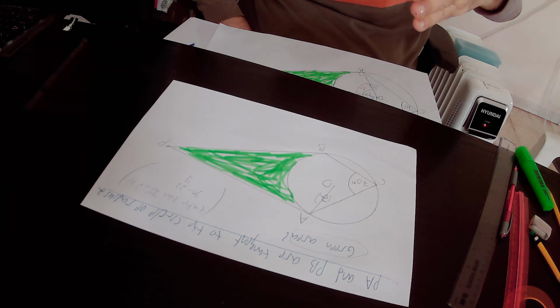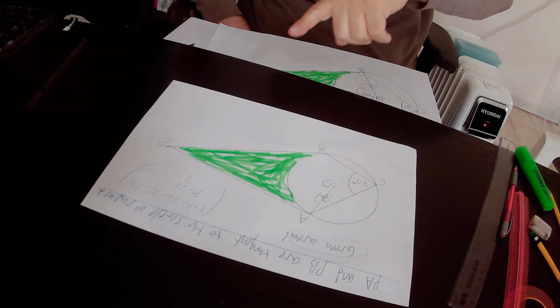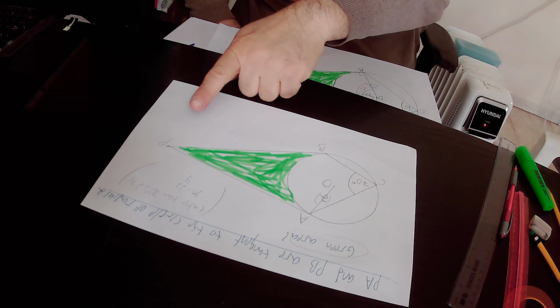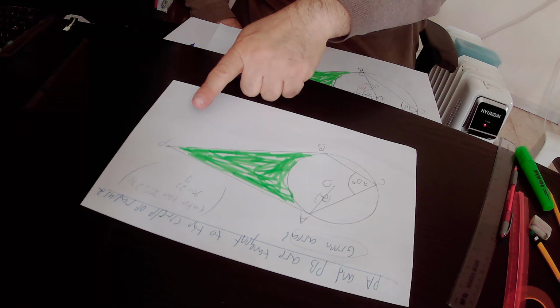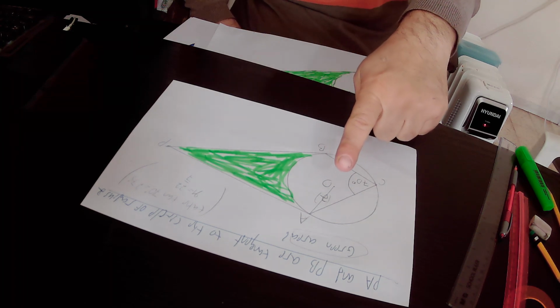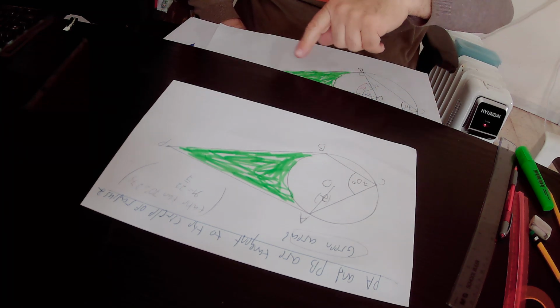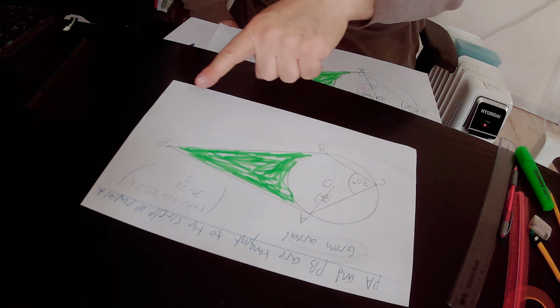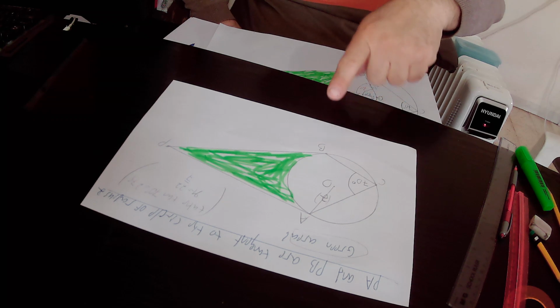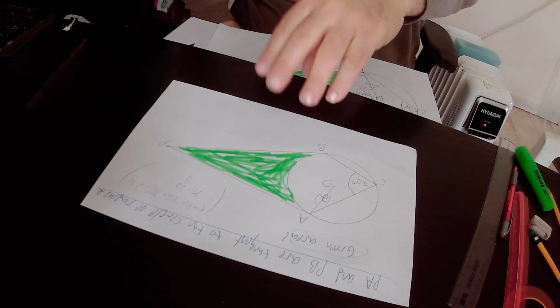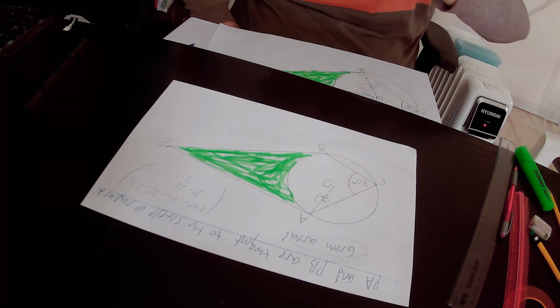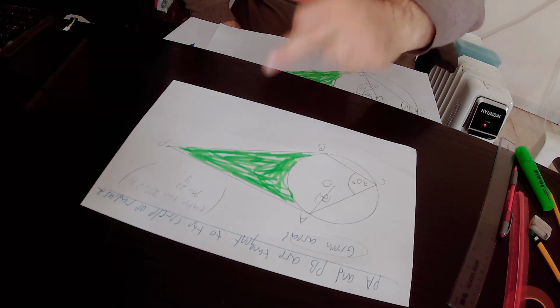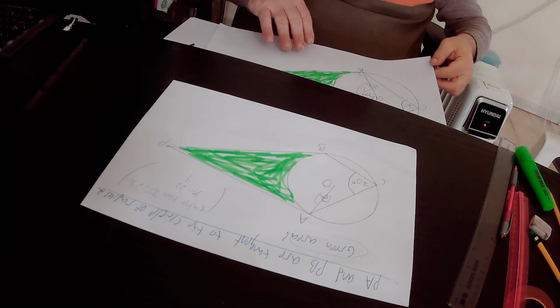In addition, in the drawing, we have the common external point P. From the common external point P, we have two tangents to this circle, tangent PA and tangent PB. Tangent PA is tangent to this circle here at point A, and tangent PB is tangent to this circle here at point B. Again, our mission is to find out the area of this green shape, or the size of this green shape.